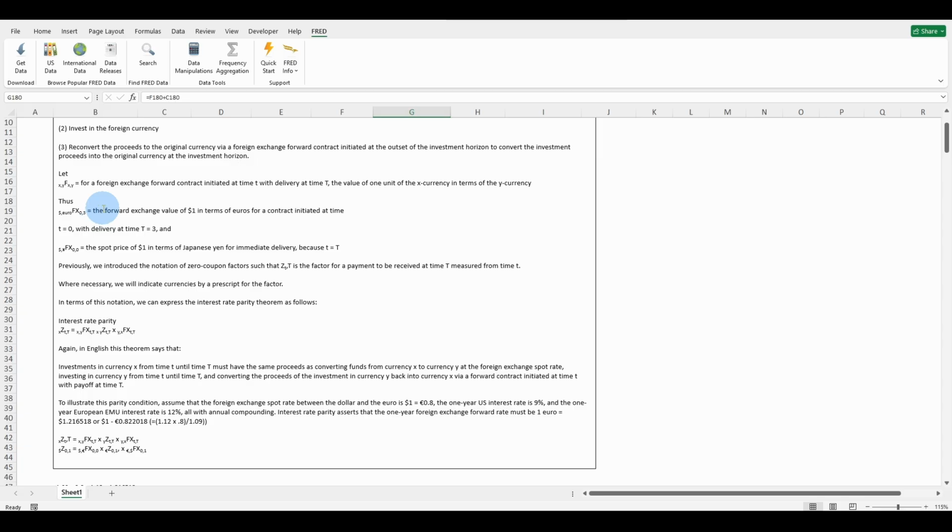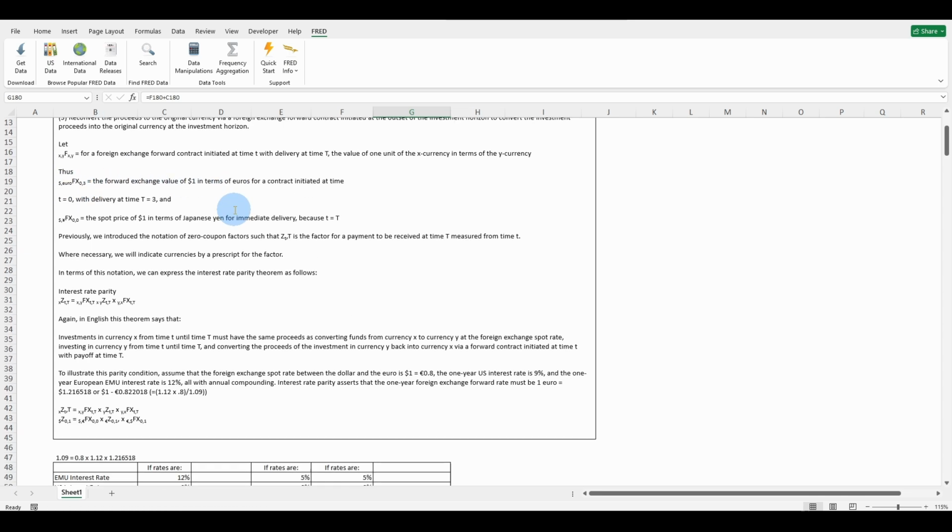So let F be the foreign exchange forward contract initiated at time t with delivery at time capital T, the value of 1 unit of the X currency in terms of the Y currency. Thus, S euro F of X, that's going to be some currency, the forward exchange value of $1 in terms of euros for a contract initiated at time t equal to 0 with delivery at time equals 3.